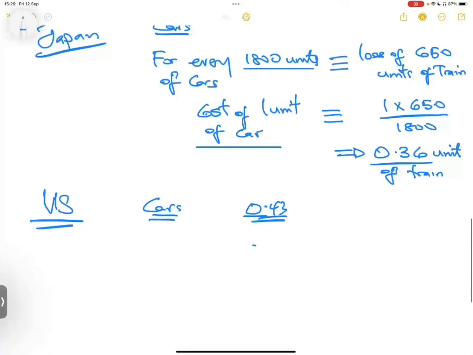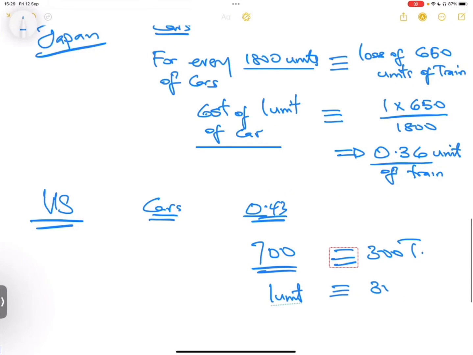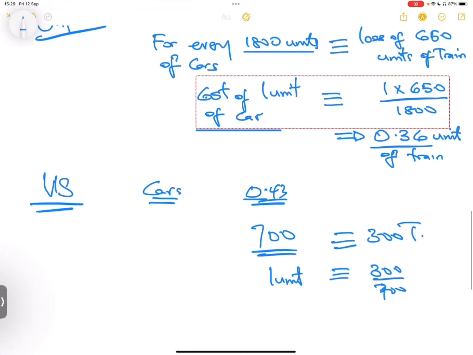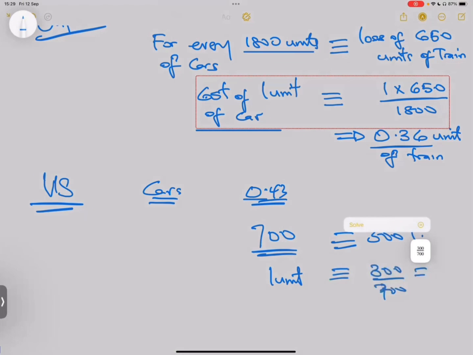Normally US will produce 700 cars, that is equivalent to 300 trains. So for 1 unit of car that they want to produce, they will forfeit 300 over 700 trains. And that will give us that figure that you have. That's correct.